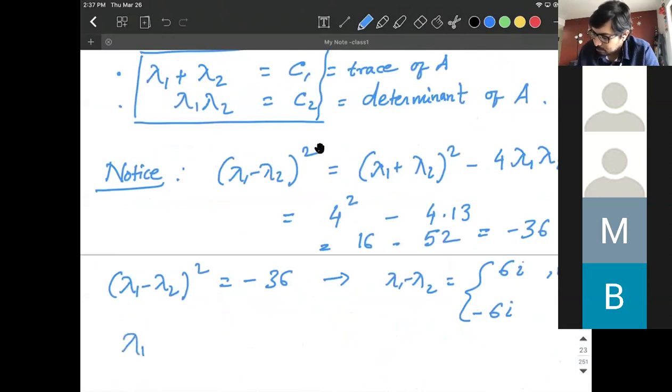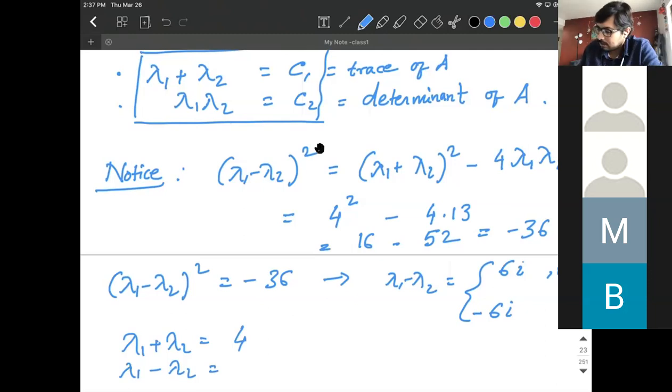Okay, so then lambda 1 plus lambda 2 equals 4, and lambda 1 minus lambda 2. Now, the thing is that which equation you want to take. You can work with either 6i or minus 6i. Both will give you the same answers in an order.